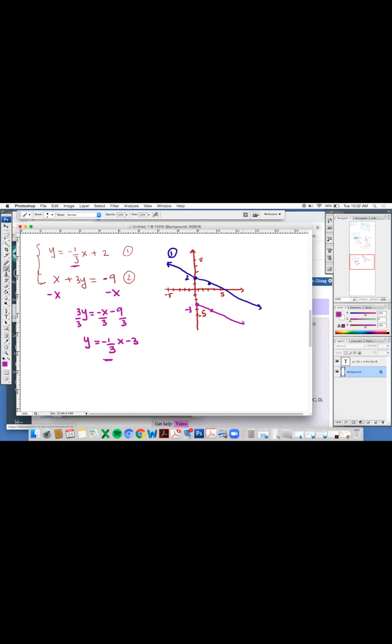Because it's the same slope, they're going to have the same inclination, so they're parallel. Okay, so how many solutions does this have? Yeah, Anthony, you're correct in the chat. So no solutions here because there's no crossing points.